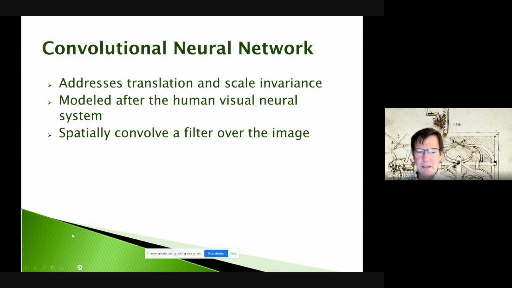Convolutional neural networks are modeled after what we know of the human visual neural system, going from the rods and cones in our retina to parts of our brain. I'm not a neurologist or neuroscientist, so I'm out of my subject area, but it's trying to do things the way we understand them, right?